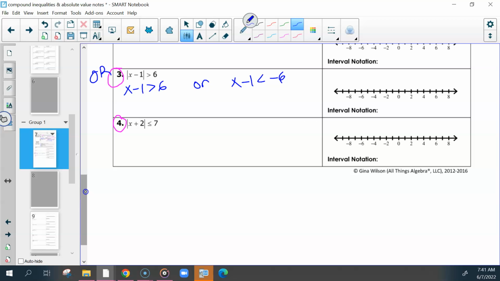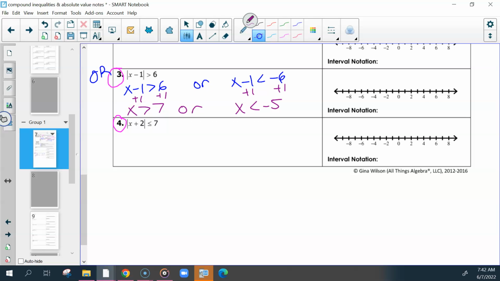And again, if you didn't remember that it was an or, you could just set up these two inequalities, figure it out, graph it, and then see if they graph apart or together. And then go back into the or if needed. Then we would solve these just like normal. So add 1 to both sides. So x is greater than 7, or x is less than -5.